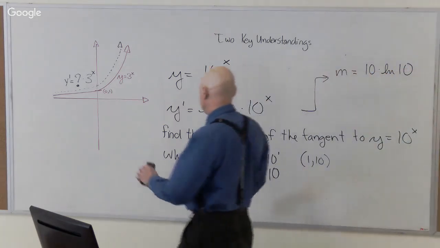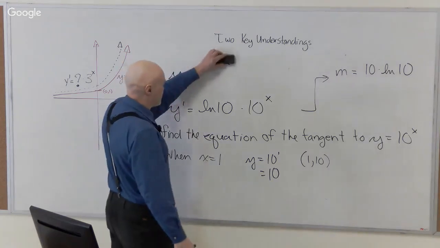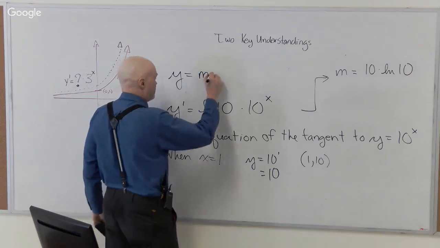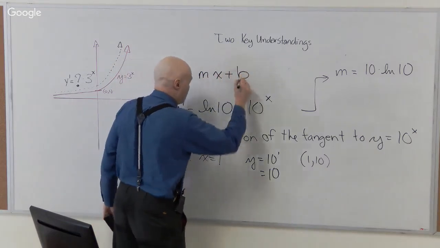Now I'm going to substitute it into my y equals mx plus b, and I'm going to figure out what b is.